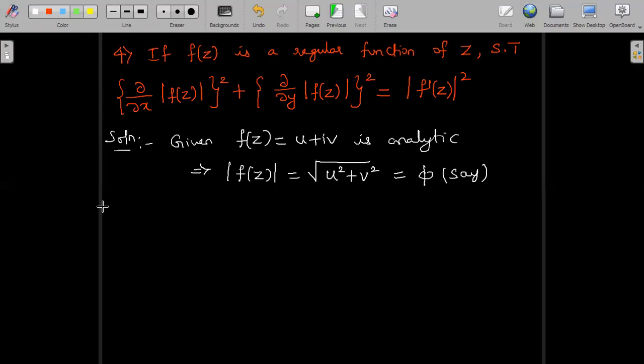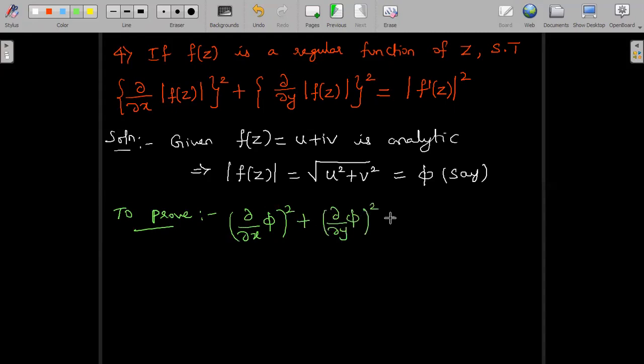Like the previous problem, here again we will write down what is to be proved so that it will be easy for us to analyze with respect to the variable phi. To prove: dou by dou x of phi whole square plus dou by dou y of phi whole square is equal to mod f dash z the whole square.